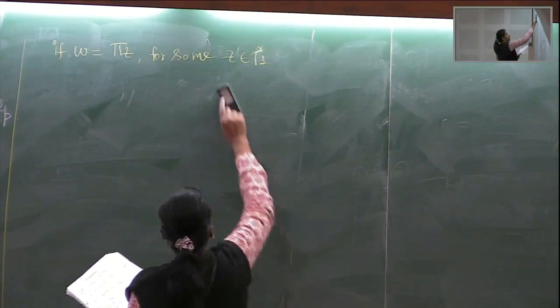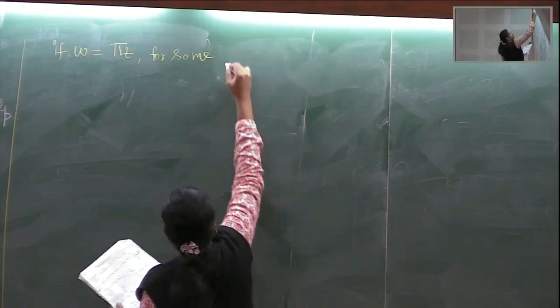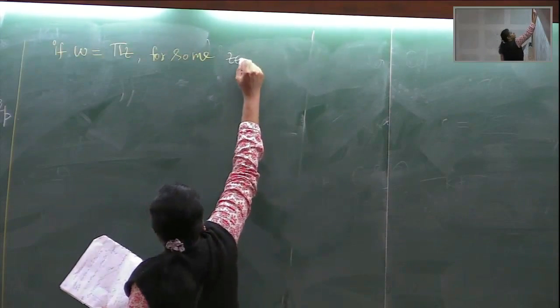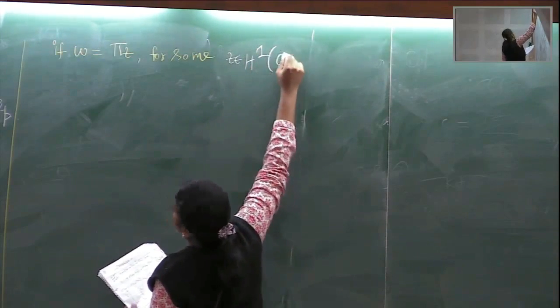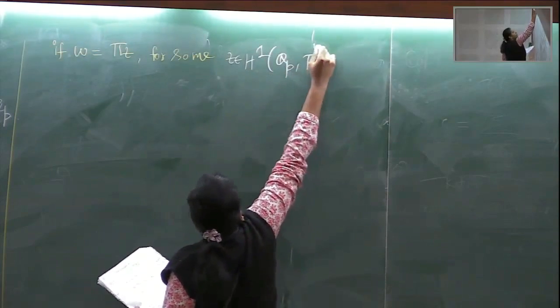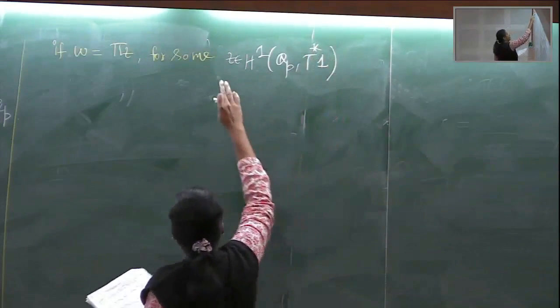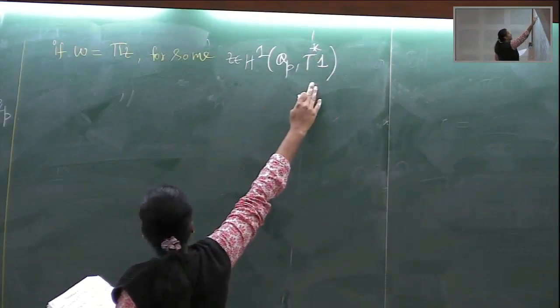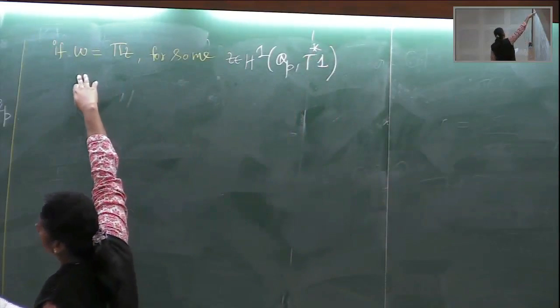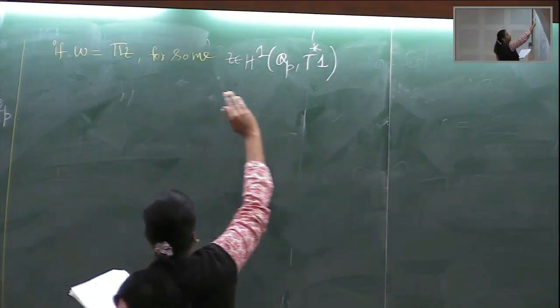If you take an element in T star of 1 and I apply pi and I get an element w, suppose w is of this form.